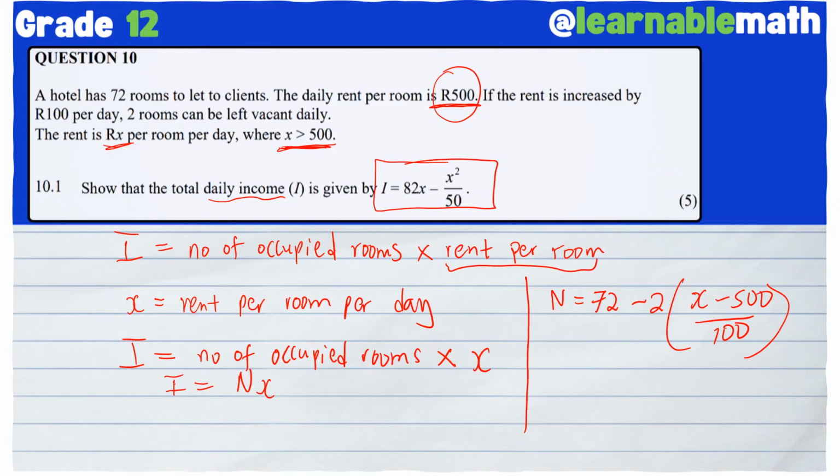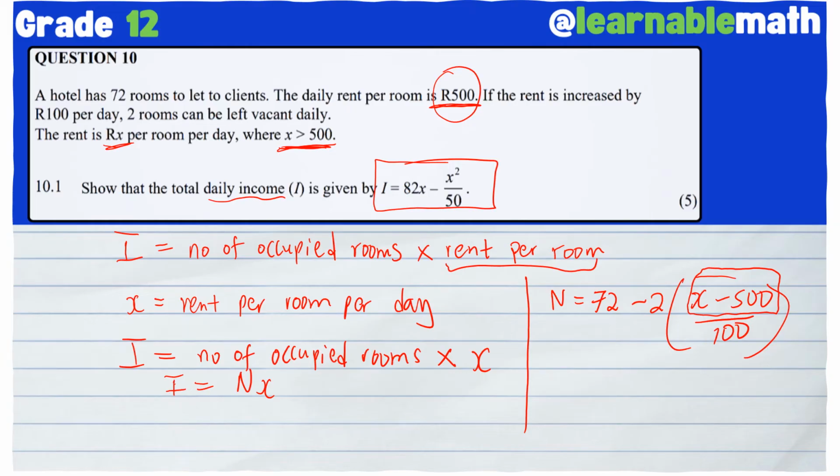It's a bit tricky, guys. I do know it's a bit complex to comprehend, but that's the notion, because they told us that when you increase the rent by 100 rand, 2 rooms will be vacant. So this expression allows you to have an increase, but we are restricting it by dividing by 100.